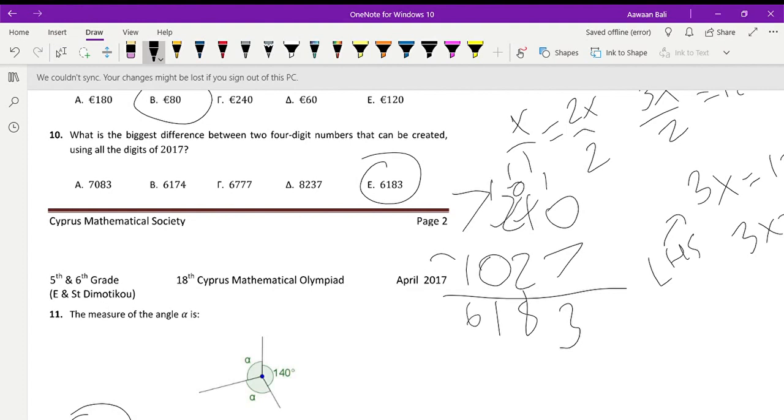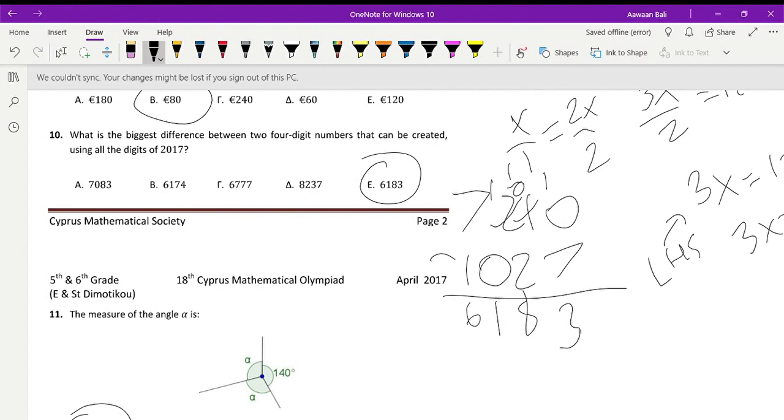We subtract them because it's asking for the biggest difference. The reason we take the biggest number and the smallest number is that if we have the biggest number and subtract the smallest number possible, you will get the biggest difference possible.